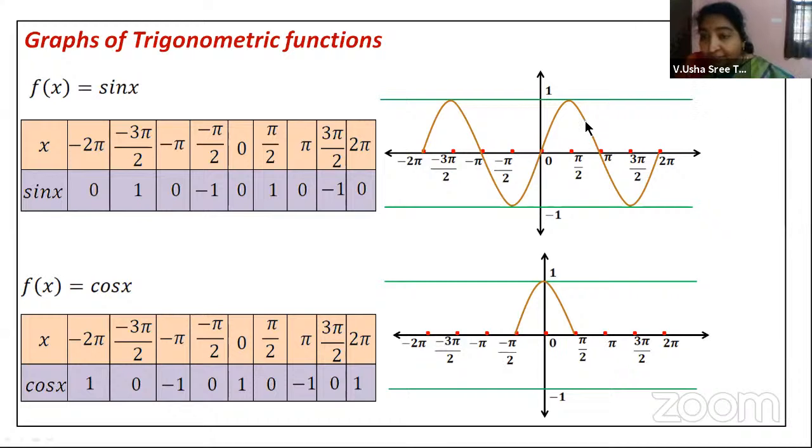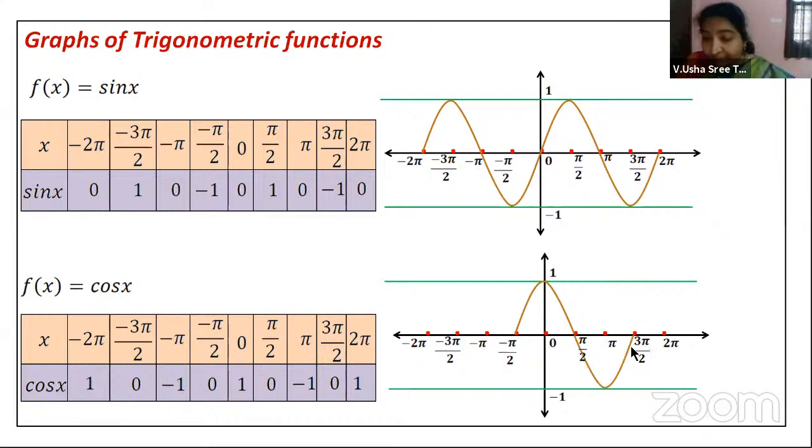But did you observe the difference between sine and cos? Sine 0 is 0, but cos 0 is 1. So here it starts. Then next, from pi by 2 to 3 pi by 2, it is forming a trough. It is taking the negative direction, right?